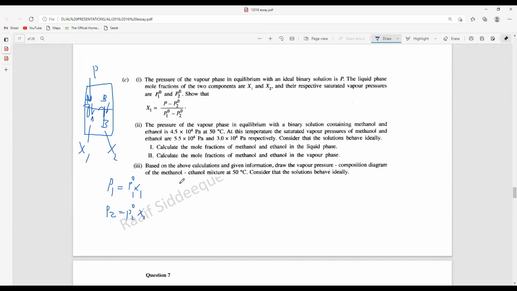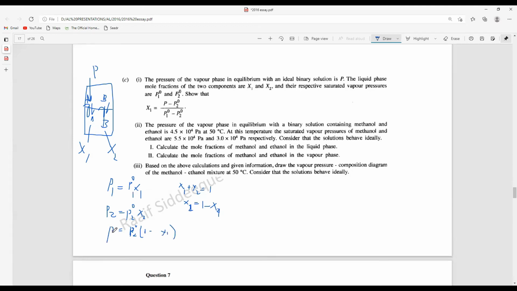So instead of X2, you know X1 plus X2 equals 1 because only A and B are there. So the sum of mole fractions should be equal to 1. So you can write X1 is equal to 1 minus X2. So here my equation will be P02 times 1 minus X1.